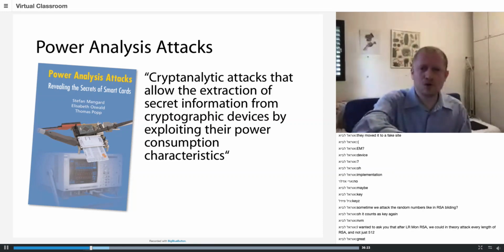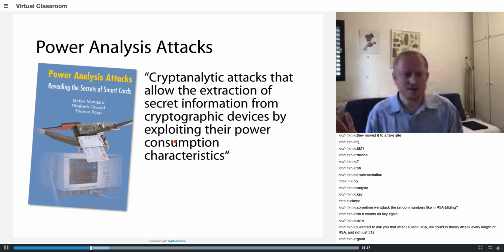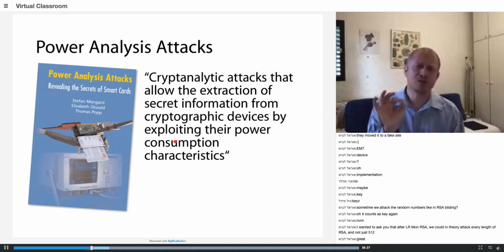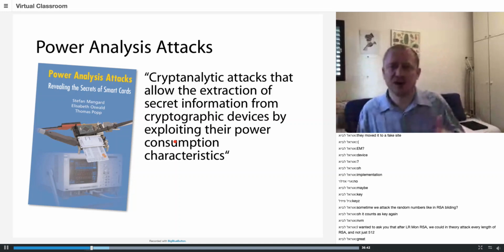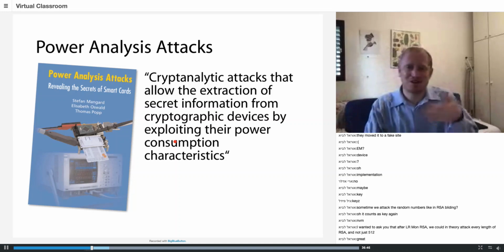So there are two ways of doing power analysis, two kinds of thoughts. One of them is called low data complexity, and the other one is called high data complexity. Low data complexity means I get a small amount of measurements, and high data complexity means I get a lot of measurements. And data complexity is a complexity measurement that you're less used to.